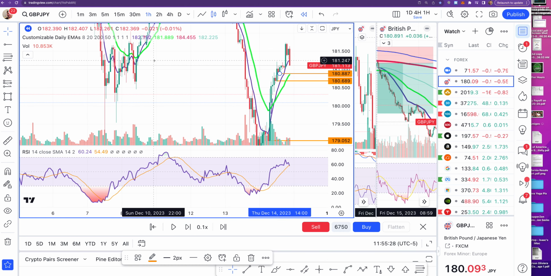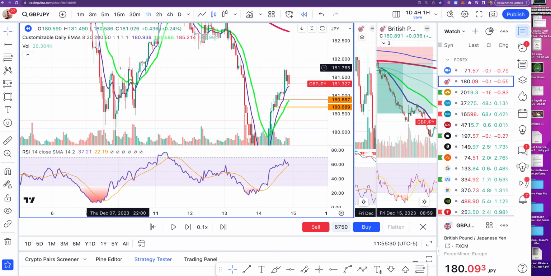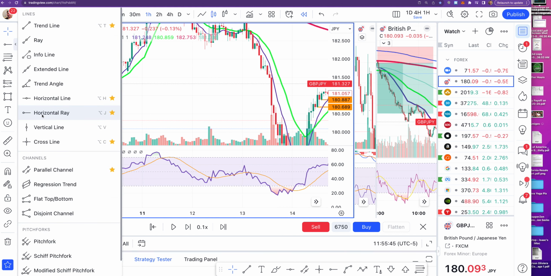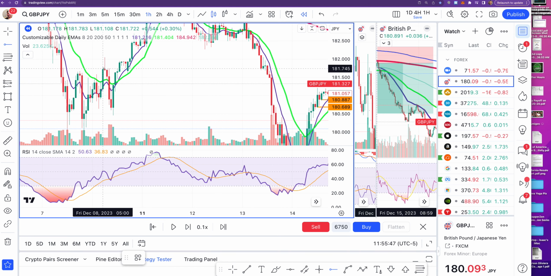If we go back to the 1 hour and look for a substantial, significant point back here, we're going to see this one. This is a very substantial resistance area, right? Sometimes resistance takes the form of a double top.